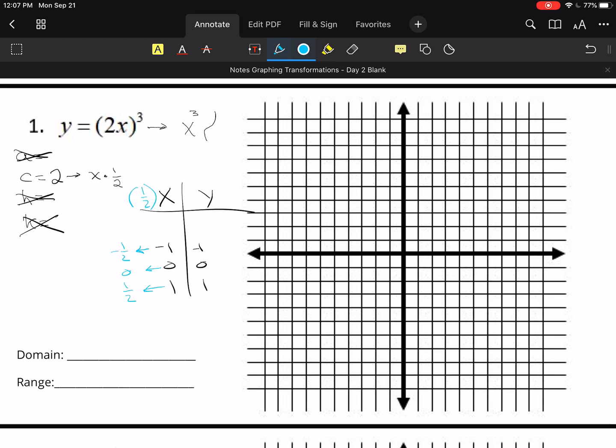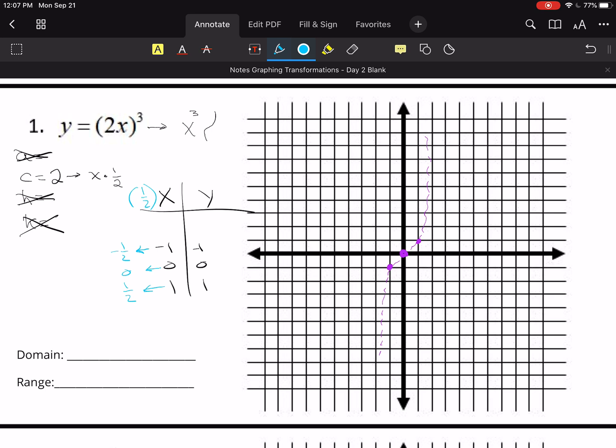Now, before we graph our transformation, I first want to put our parent function on the graph. So plotting those 3 main points, (0, 0), (1, 1), (-1, -1). So I have this graph. Okay, so there's my parent function. Now, I want to graph that transformation.